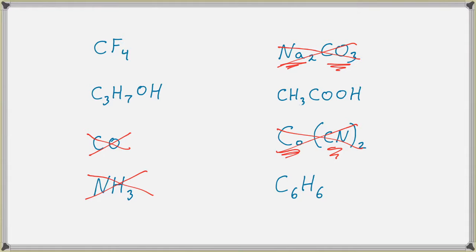But since these are all nonmetals attached to each other, in both of these cases, these are not ionic compounds. These are molecular compounds because it's all nonmetals. So because of that, all 4 of these do contain carbon. They don't fit our exceptions, so we would consider those organic molecules.